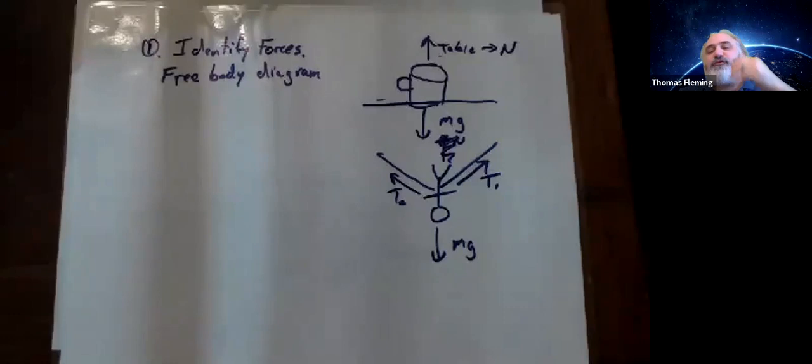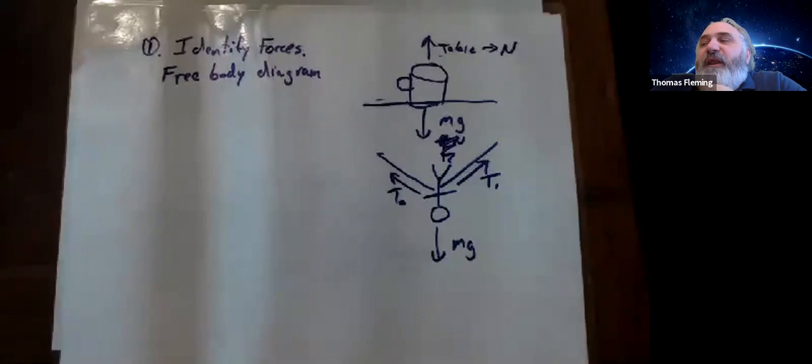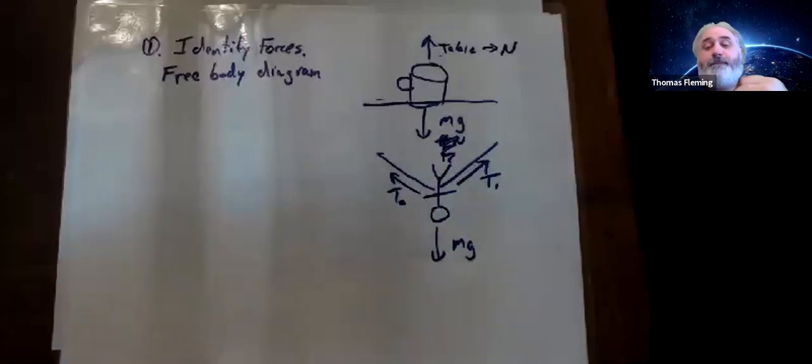So if you're trying to identify your forces, one of the best ways that I have found for trying to break this down is to remember that every force has to have a push-er and a push-ee, right? So with one exception, every force that we've talked about this semester has been a contact force.